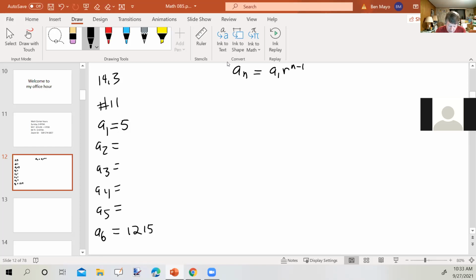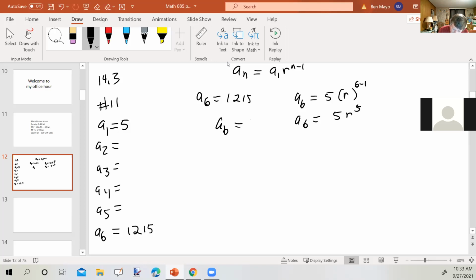All right, we know that a sub 6 is 1215. We also know that a sub 6 is a sub 1 times r, the unknown common ratio, to the n minus 1 power, which would be to the 6 minus 1 power, which means a sub 6 equals 5r to the 5th.